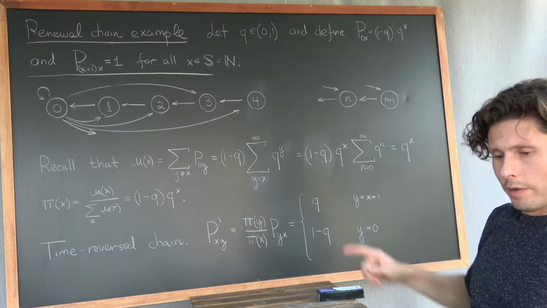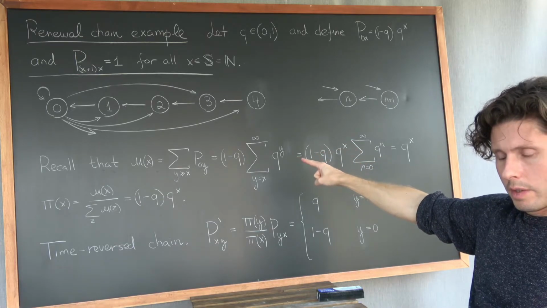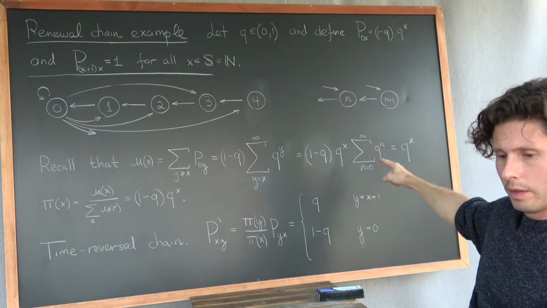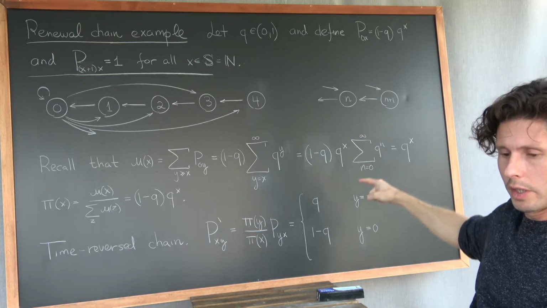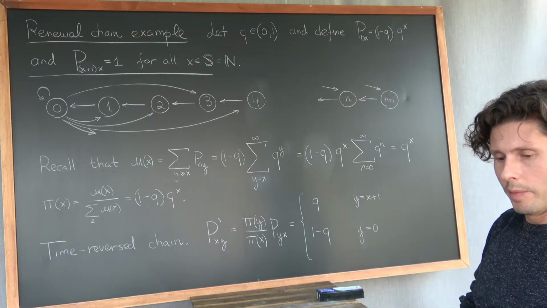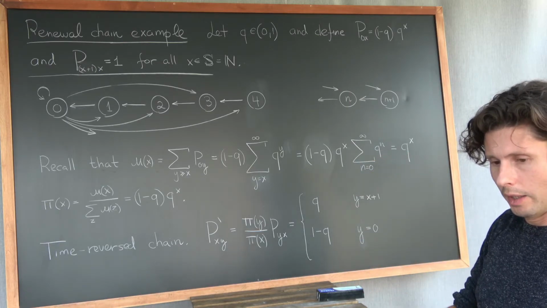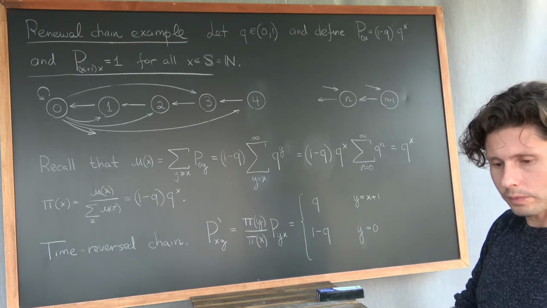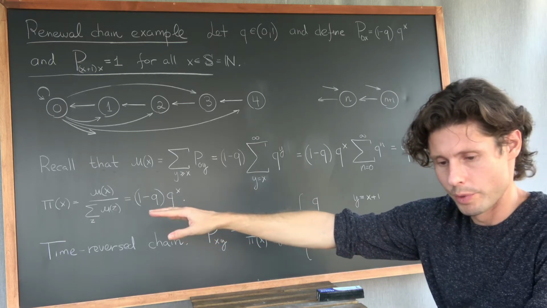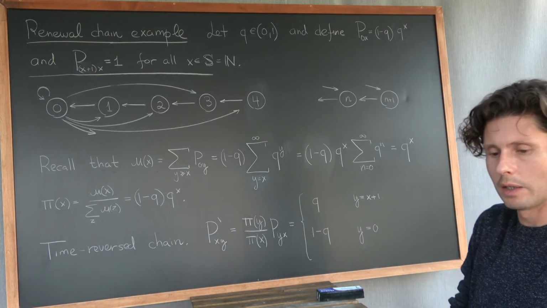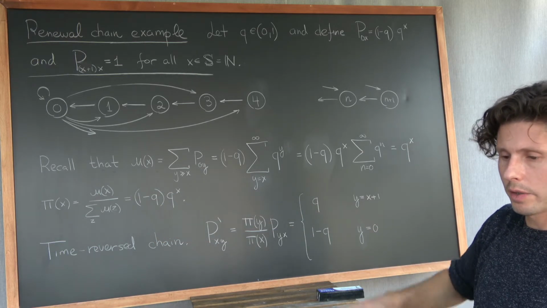And you can verify that there's an equality here. This is the same exact expression, and I've done this so that this geometric sum obviously converges to 1 divided by 1 minus q, and so all I get is q to the x. And then my stationary distribution is this guy right here, mu x over the sum over the mu's, and here I've baked the cake so that this thing converges.